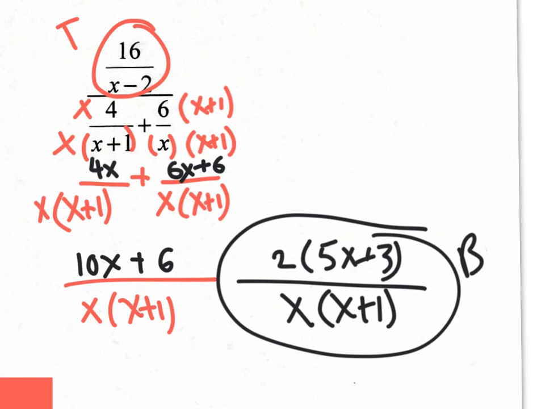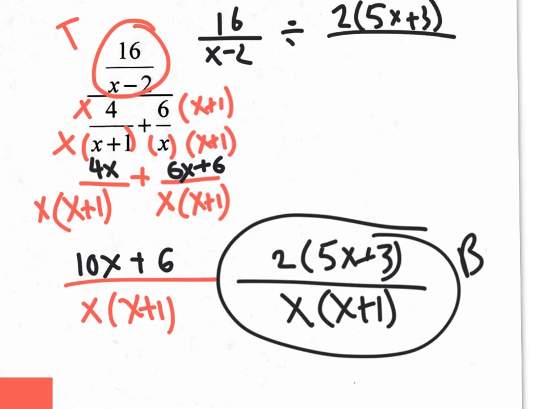So let's write it side to side, this guy divided by this guy, horizontally. So I'm going to rewrite it: 16 over x minus 2 divided by the bottom one, which is 2 times 5x plus 3 over x plus 1.